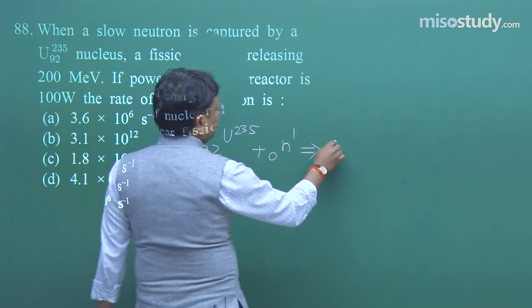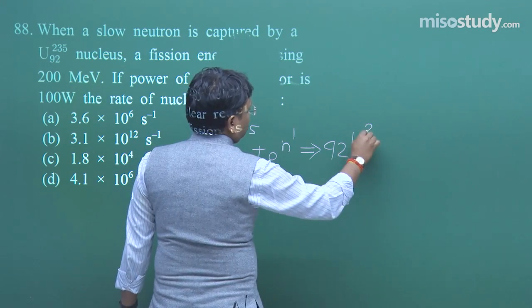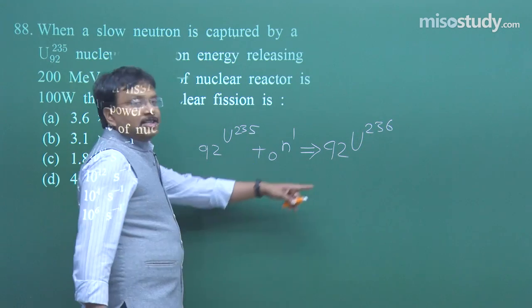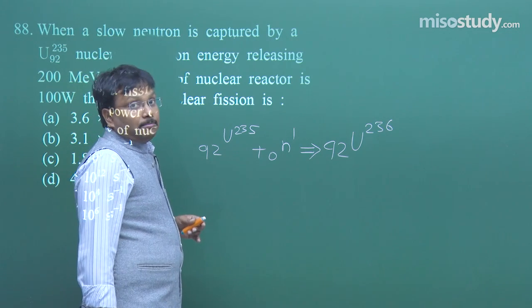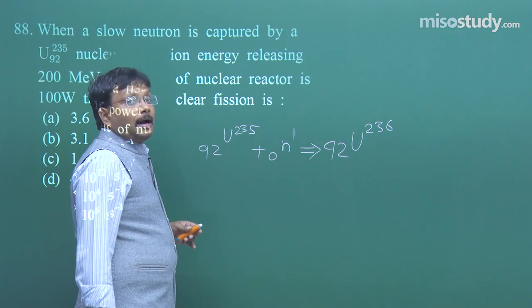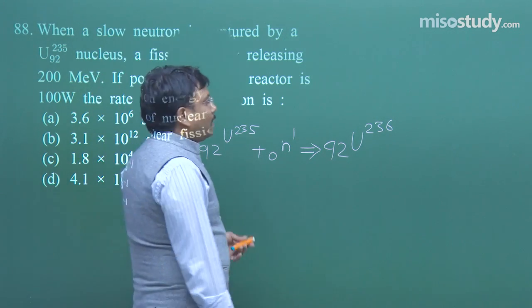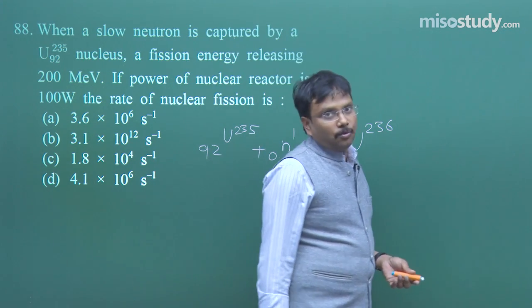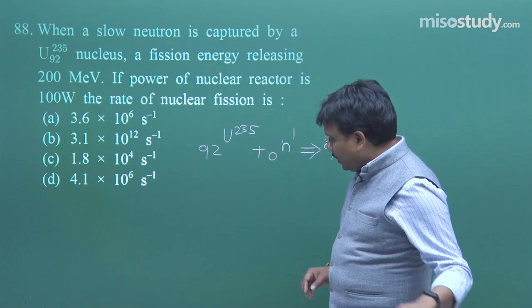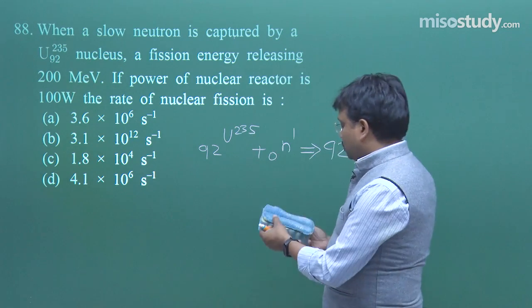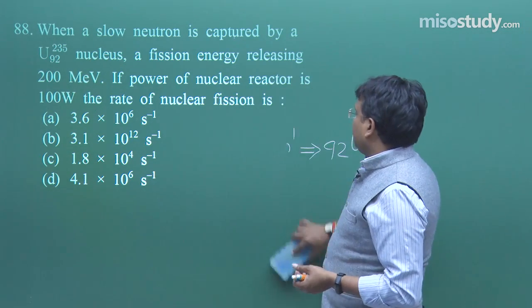It is unstable. So, it will break into krypton and barium, and after that 3 neutrons also. So, this is basically a nuclear fission reaction.